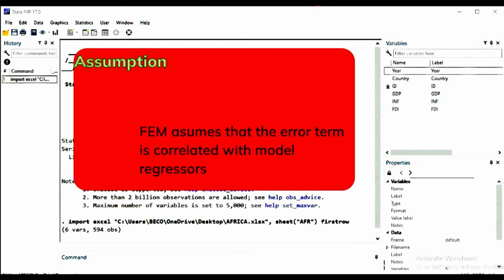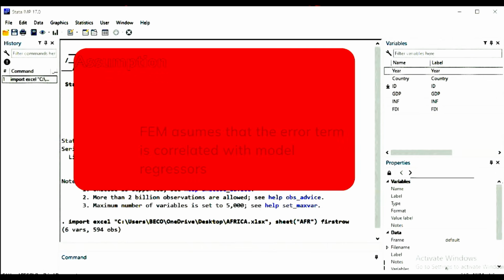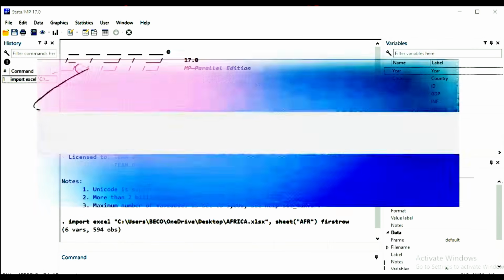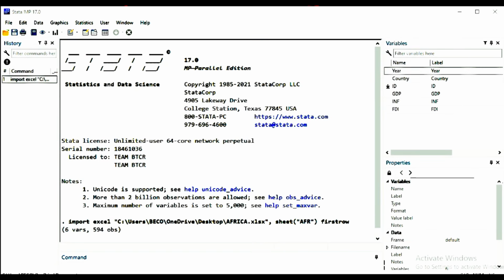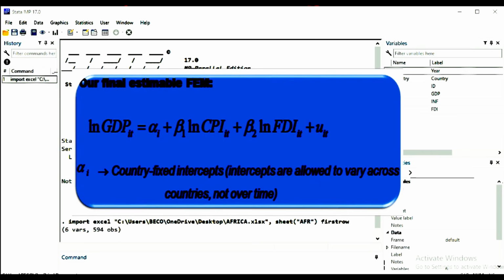In our context, for example, we examine how changes in inflation and foreign direct investment within a given African country affect its economic growth. So it is very clear that the intention here is not to compare one country with another one. Therefore, finally, our fixed effects model can be specified as follows.